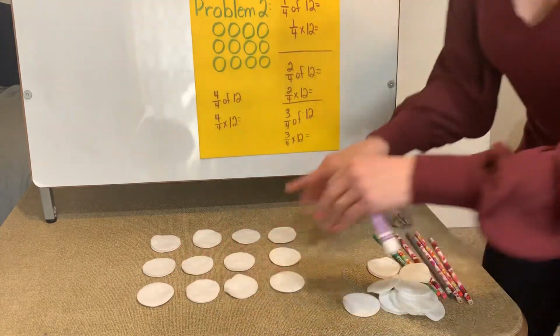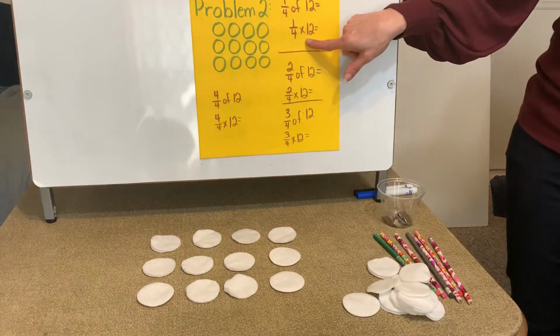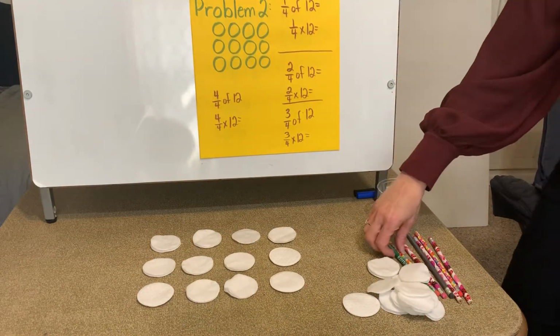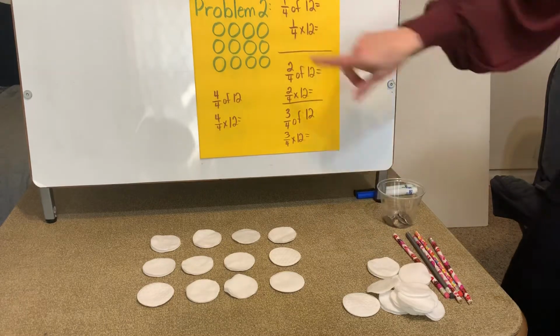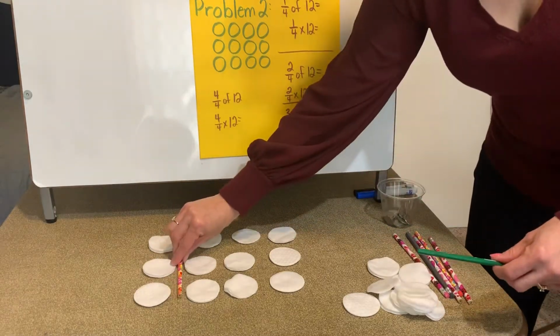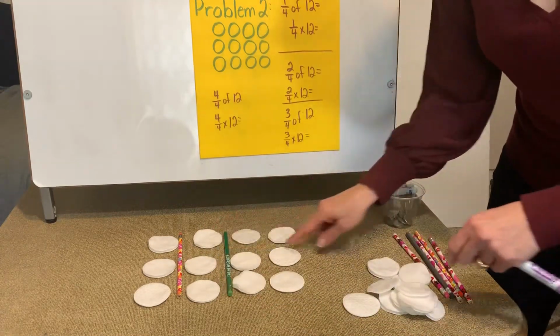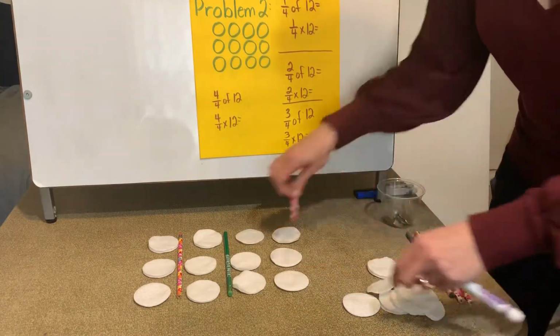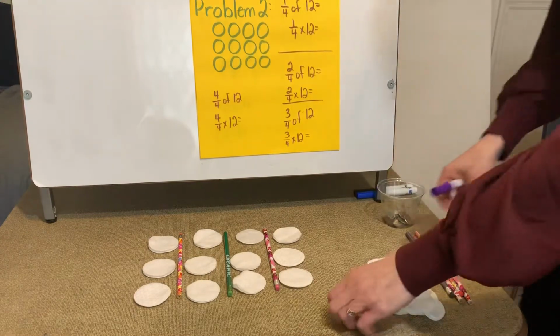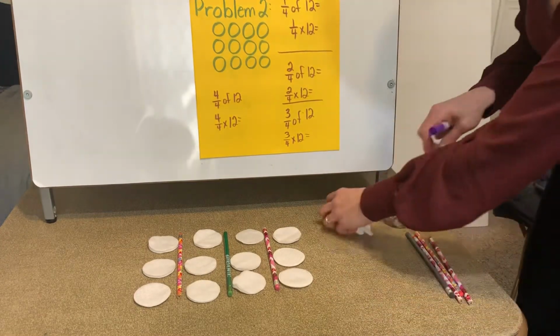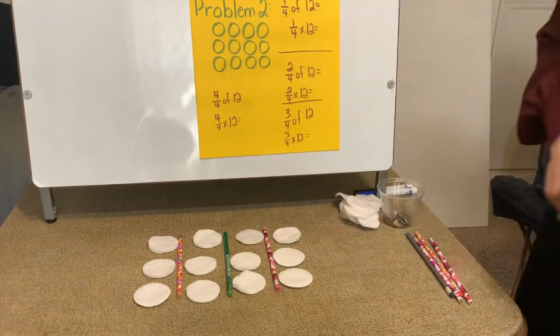Now, my denominator tells me how many groups I need to have. I need to have 4 equal groups. So I've got 1 group, 2 groups, 3 groups, 4 groups. All right, let me put these off to the side here. Okay, so now I've got my cotton rounds.